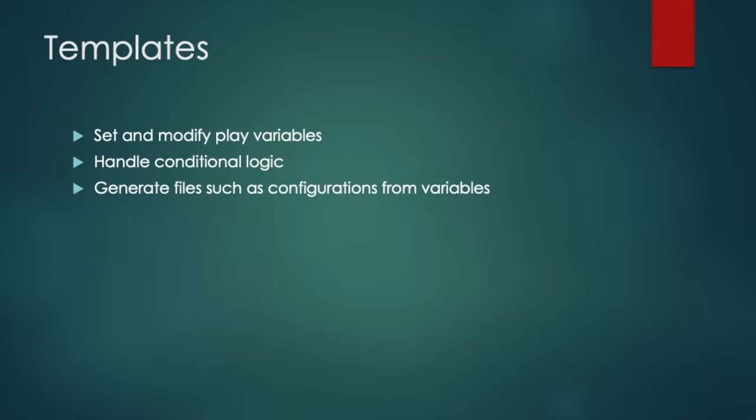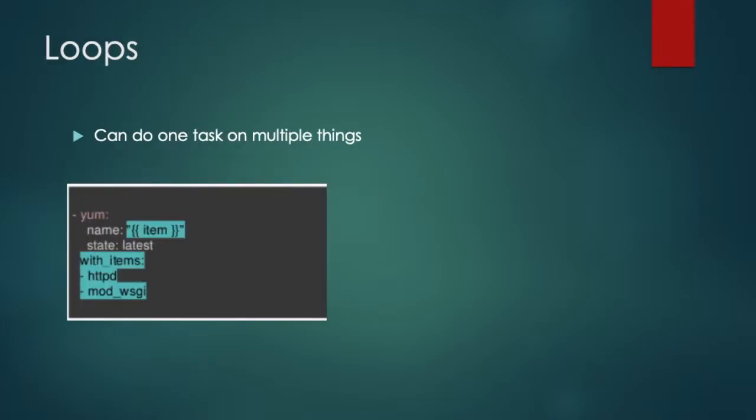Templates in an Ansible playbook are used to set and modify play variables, handle conditional logic, and generate files such as configurations from variables. Loops can be used to do one task on multiple things, such as create a lot of users, install a lot of packages, or repeat a polling step until a certain result is reached.